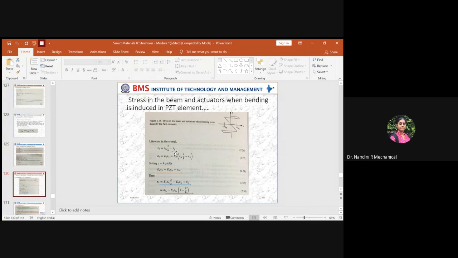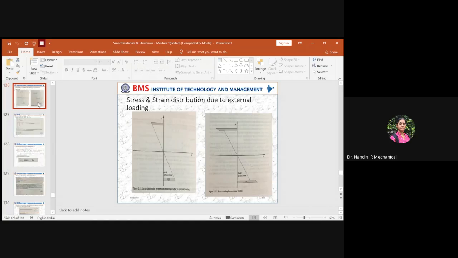So we derived the equation for the actuator as well as the structure, both for stress as well as strain distribution. Next, we should consider one more condition by setting Z equal to H. You know that Z is along the axis in which we do the polarization. If that Z axis yields the value of H, what do you mean by H?